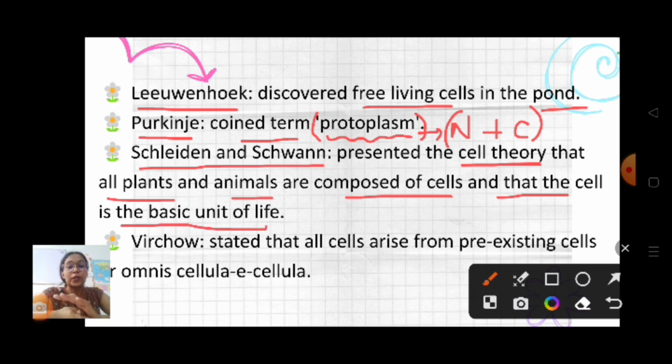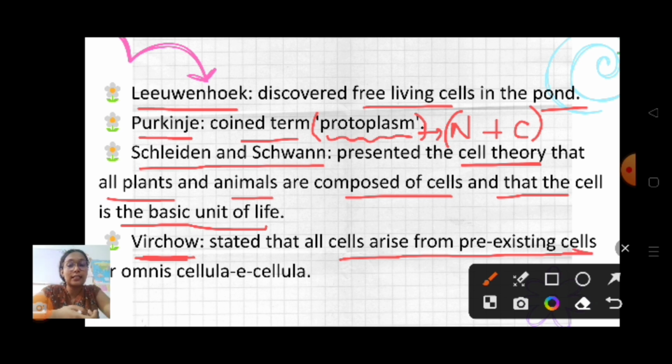All the living, be it plant or animal, is composed of cells, and the cell is the basic unit of life. Clear? This is said by Schleiden and Schwann. Okay. Now coming to Virchow, the last scientist. He stated that all cells arise from the pre-existing cell.